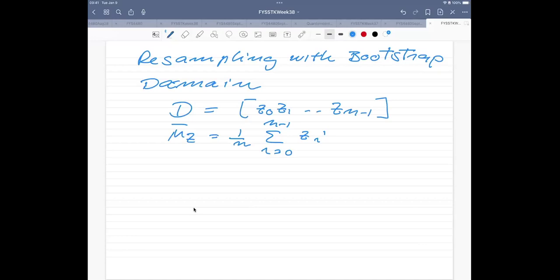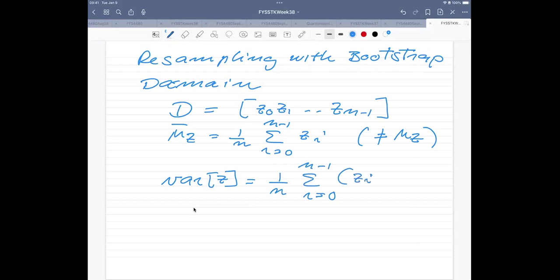So in principle, this number which you see here is different from the true value, if you know that one. Normally, we don't know that because we don't know the probability. And we can also calculate the variance of these variables Z, which would simply be 1 over n minus 1, the sample variance, times the sum of (Z_i minus mu of Z) squared.